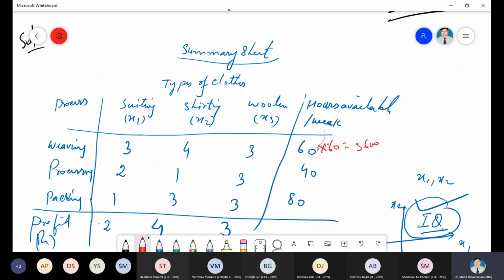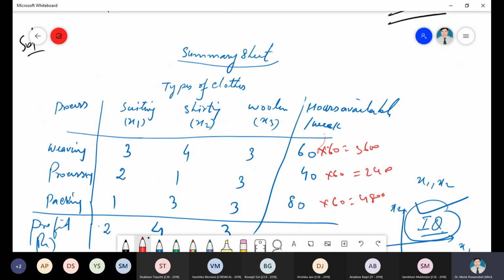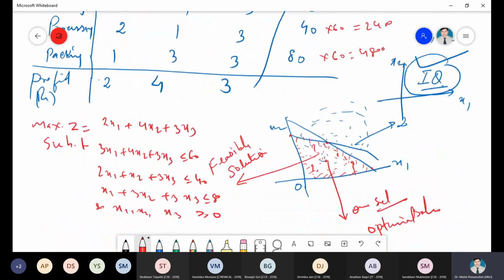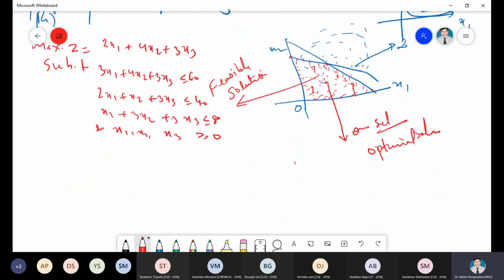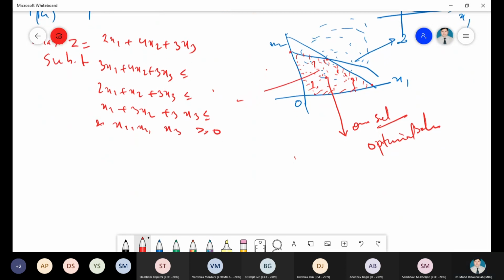So this is 3600, this is multiplied by 60, this is 2400, this is multiplied by 60, so 4800. We write it here because the processing time is given in hours, so it was our mistake. Very good, thank you.